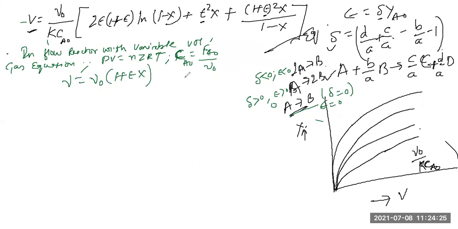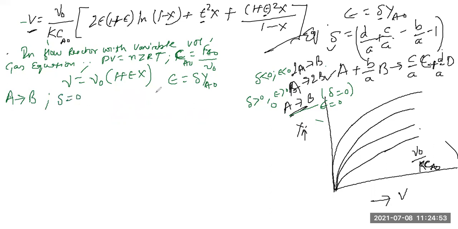The value of epsilon, as I already said, is delta times y A0, and delta is the change in the number of moles. So the first condition is for the reaction A gives you B. When A gives you B, there is no change in the number of moles.